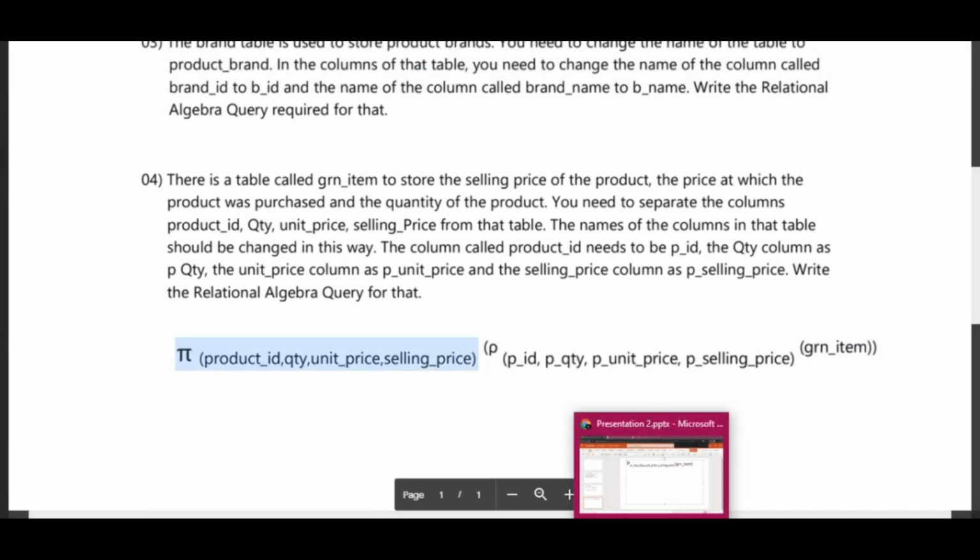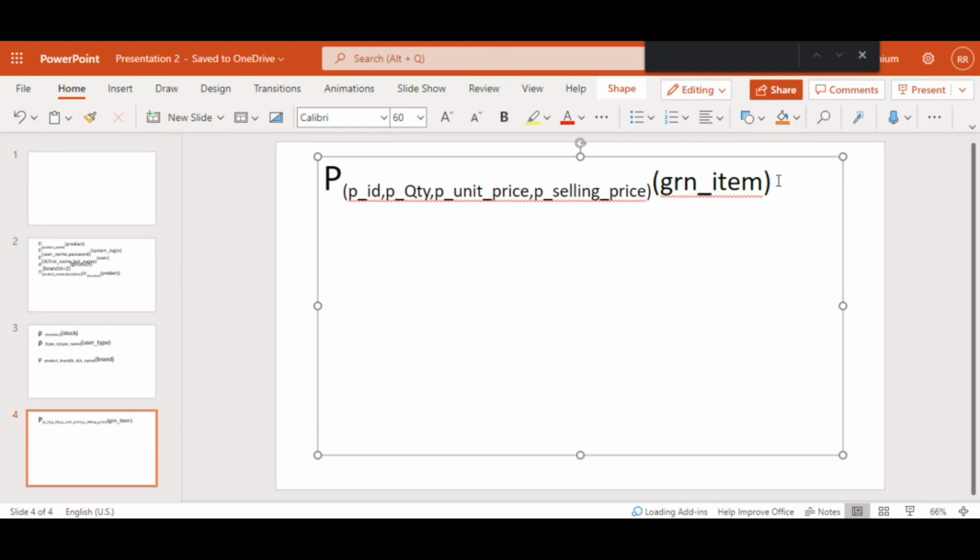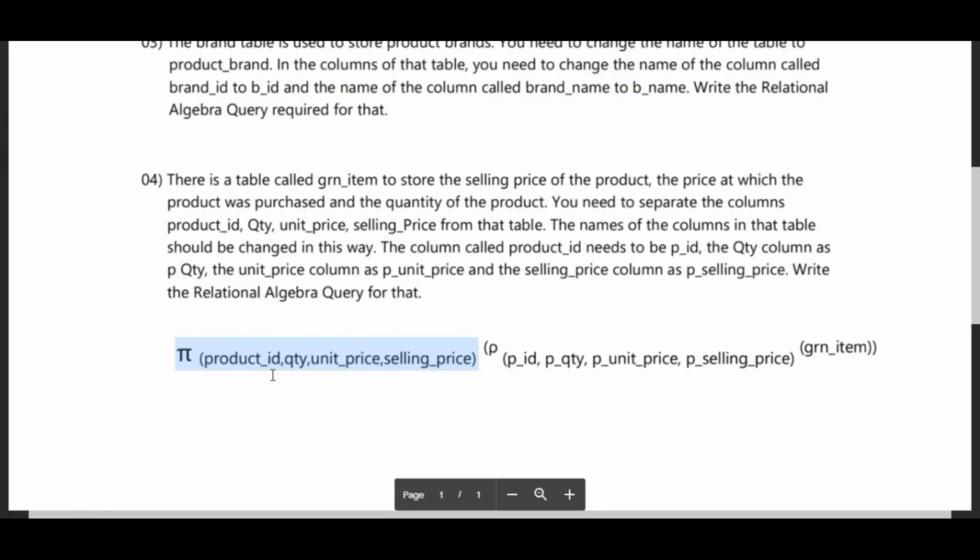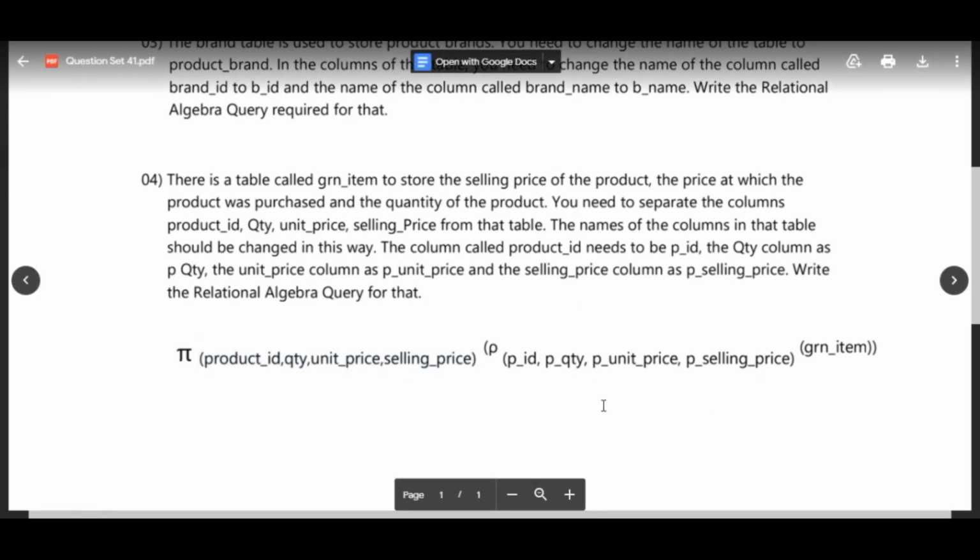So basically a projection will get the column names. Now we have to mention what are the columns that we need. We need the product ID, the quantity, unit price, and selling price.